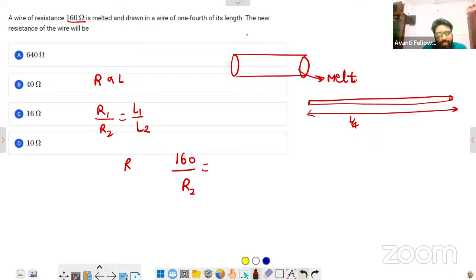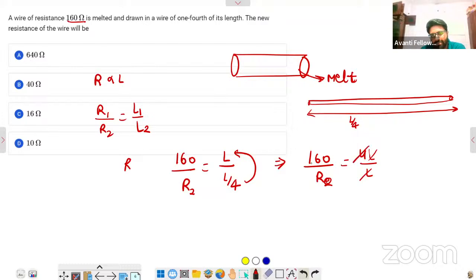L1 इज वॉट, लेंथ इनिशियल लेट से L है, और फाइनल लेंथ कितनी हो गई है, L बाई 4. ठीक है, अब देखो दिस फोर विल गो अप, 160 डिवाइडेड बाई R2, एंड दिस विल बिकम 4, 4 L बाई L.